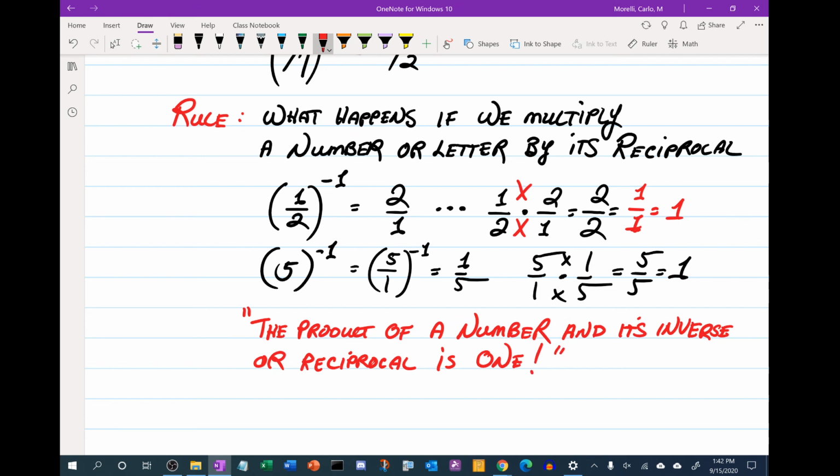Okay? The product of a number and its reciprocal is 1. So 5 over 1 times 1 over 5 is 1. 1 over 3 times 3 over 1 is 3 over 3, which reduces to 1. This is extremely useful.